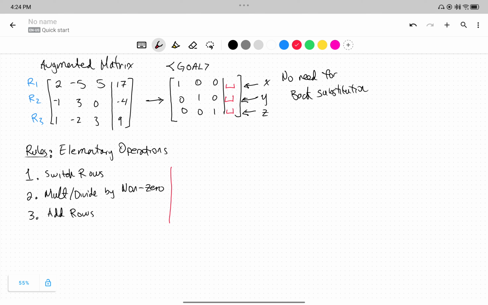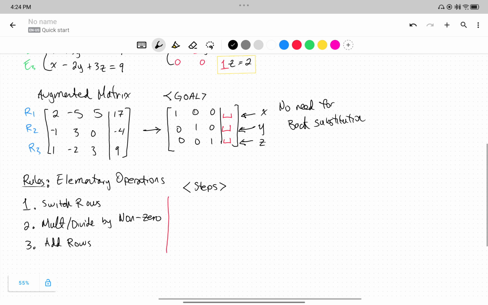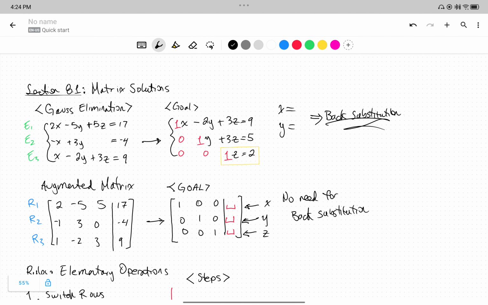Actually, I think this is a good place to list the steps. So instead of the pattern, let's talk about the steps. For Gauss elimination, this took a total of 6 steps.